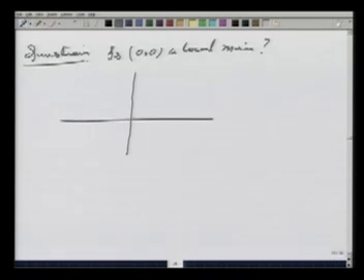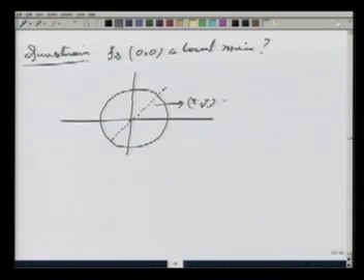Let me draw a bigger picture. Suppose I look at a disk around (0, 0). Then I look at all the points on this dotted line. I have checked that f(x, y) is bigger than or equal to f(0, 0).